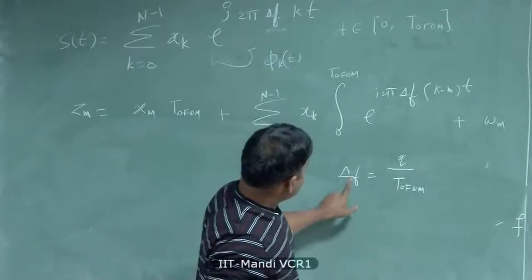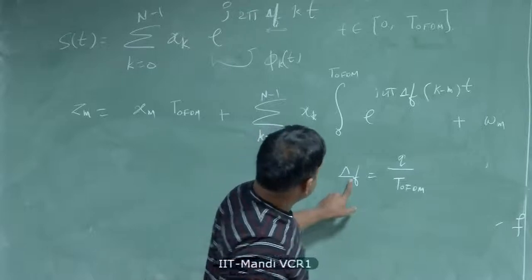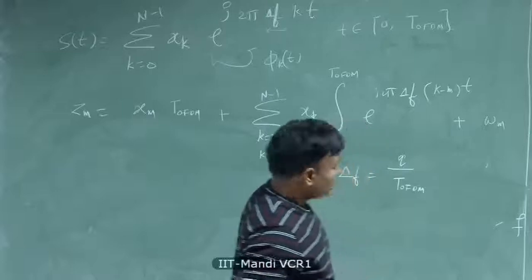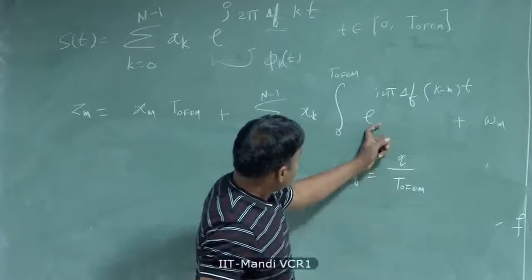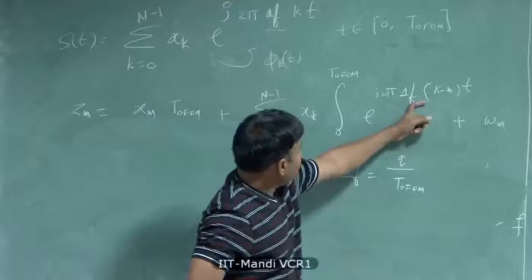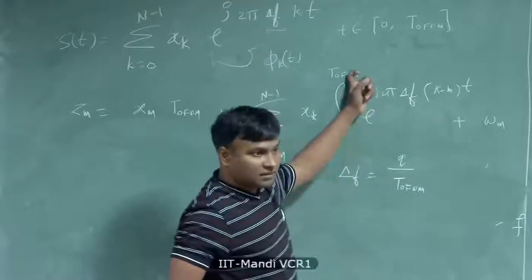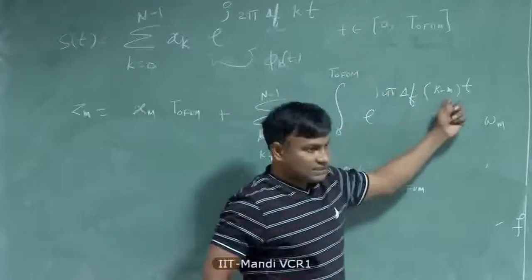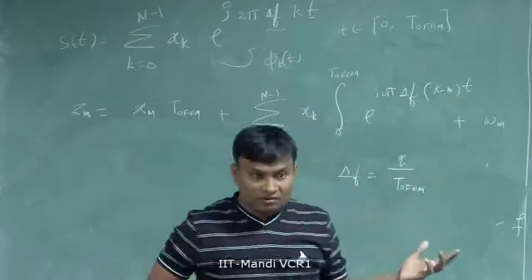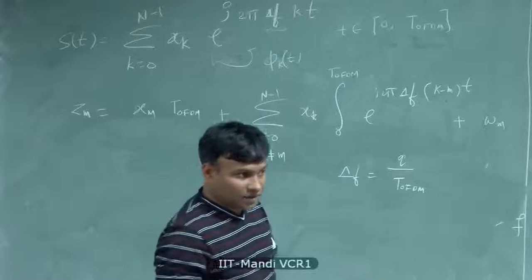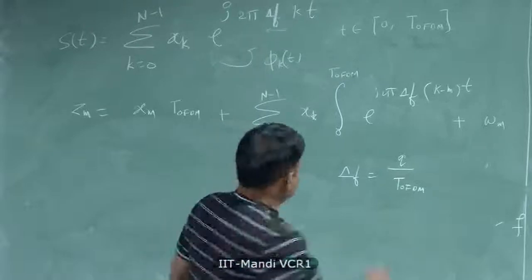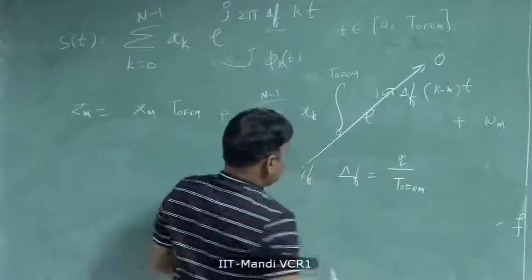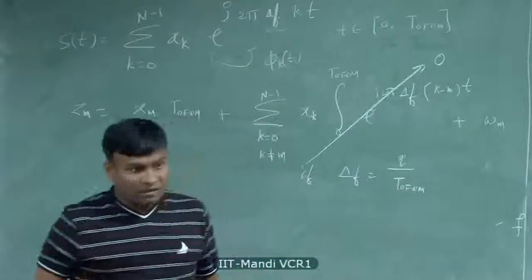So if I substitute delta f equal to 1 divided by T_OFDM, that would be a complex sinusoid integrated over a full period or multiple periods, depending on what q is, and that goes to 0. It's a complex sinusoid integrated. This goes to 0 if delta f equal to q divided by T_OFDM.